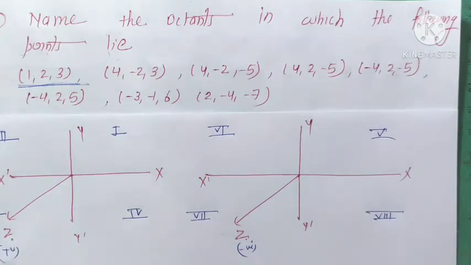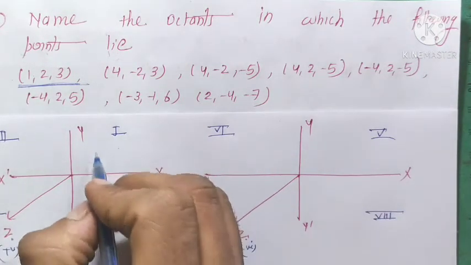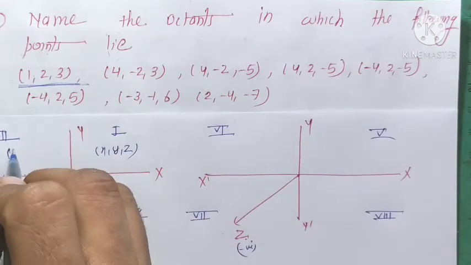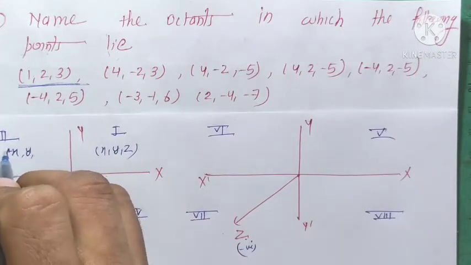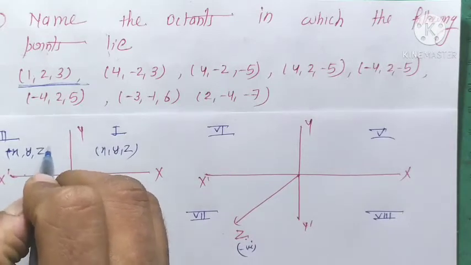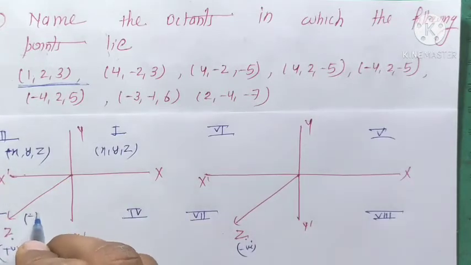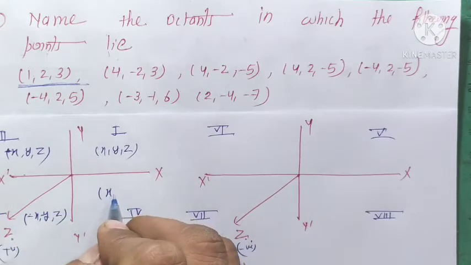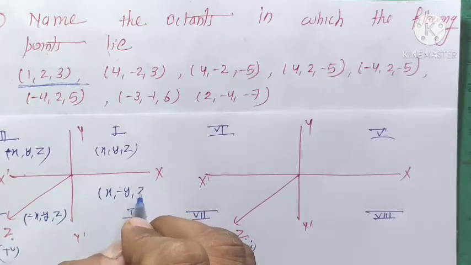So in the first octant all three coordinates are positive, and here x negative, y positive and z positive. Here x negative, y negative and z positive, and here x positive, y negative and z positive.